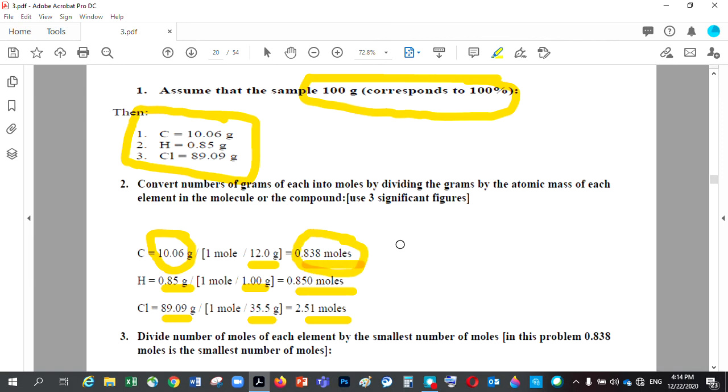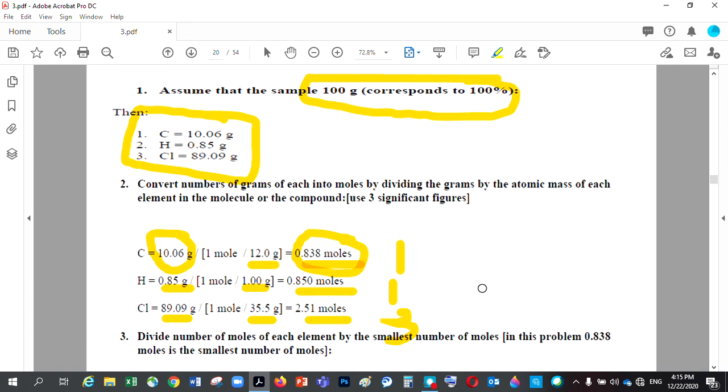I get this one about 1, this one about 1, almost, and this one here about 3. So the ratio is 1:1:3. So carbon is 1, hydrogen is 1, and chlorine is 3.